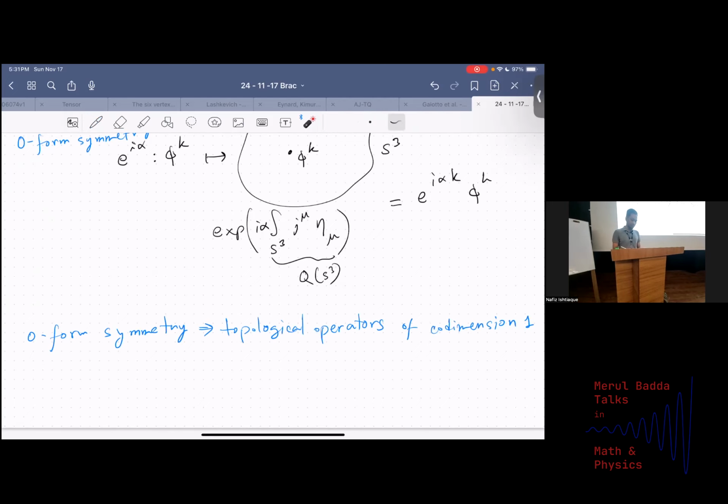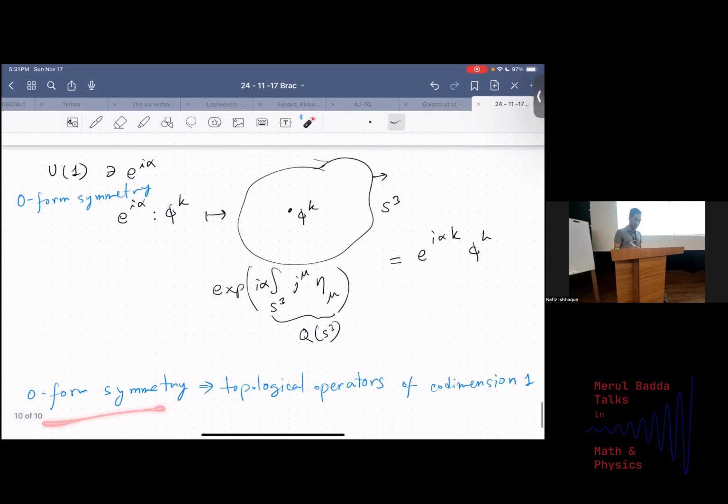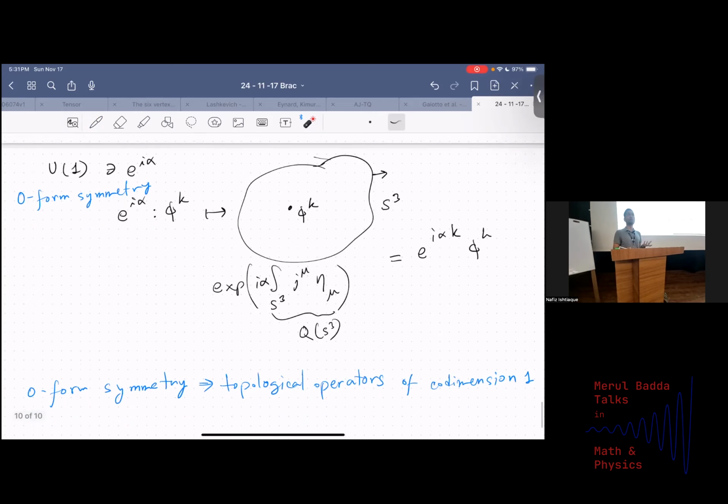Let me explain the terms. Zero-form symmetry, as I mentioned earlier, is a symmetry that acts on operators supported at points. Topological operators means that if you deform the support of these operators smoothly, nothing changes, in the sense that if you insert two operators in a correlation function that are related by a smooth deformation of their support, the correlation functions are going to be invariant.